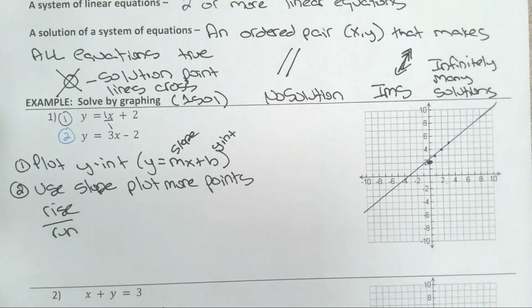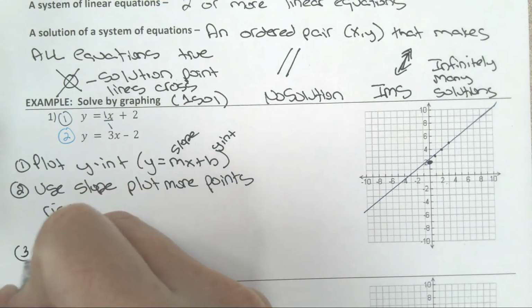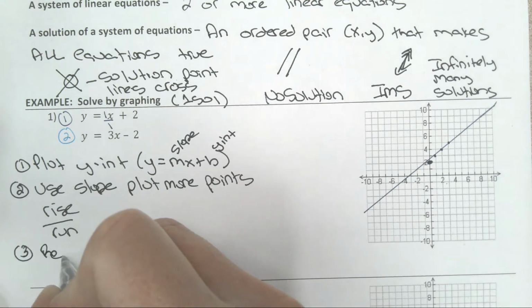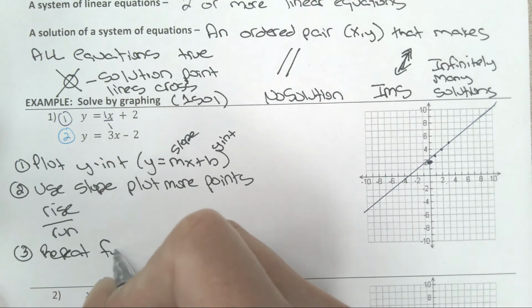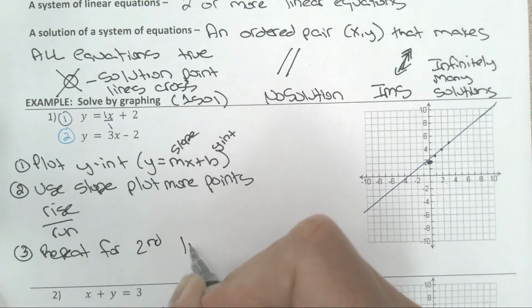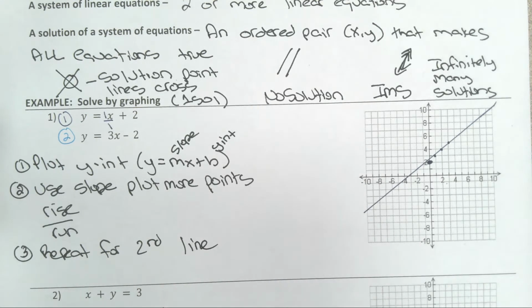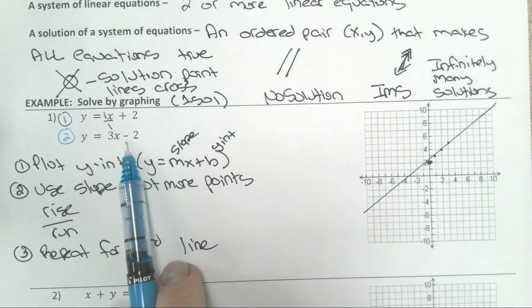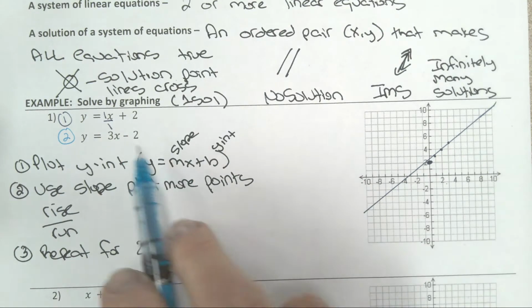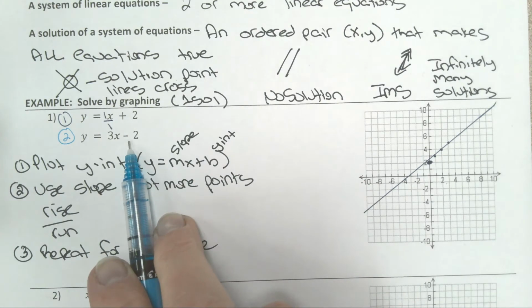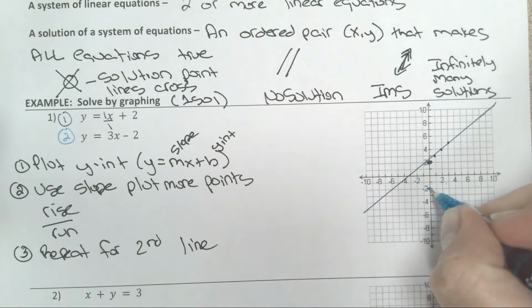Step number 3 is repeat for the second line. So I have y equals 3x minus 2. Your y-intercept is down here at negative 2.